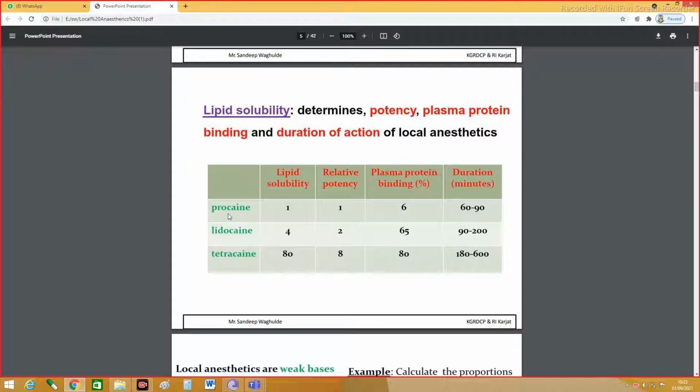When we consider procaine, a simple molecule, the lipid solubility is considered 1 and the relative potency is 1. The plasma protein binding is 6. The duration of action is 60 to 90 minutes.